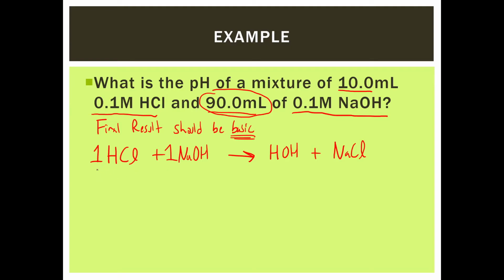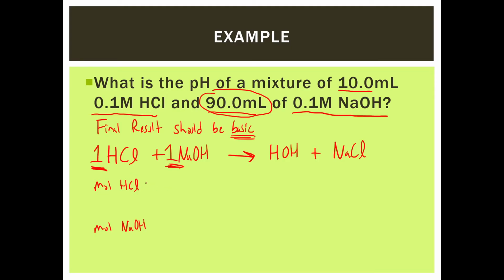So basically it means for every mole of hydrochloric acid, I will react with 1 mole of NaOH. All we need to do now is figure out, well, how many moles of HCl do we have? And how many moles of NaOH do we have? Okay.